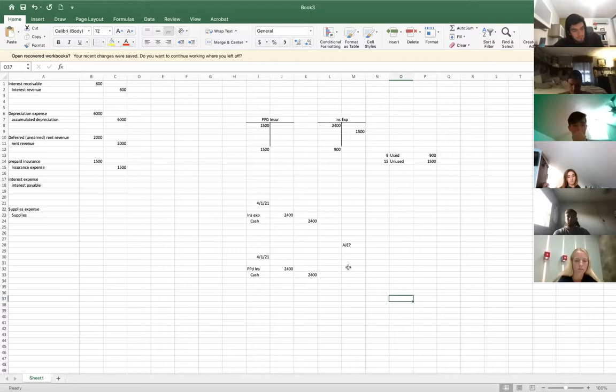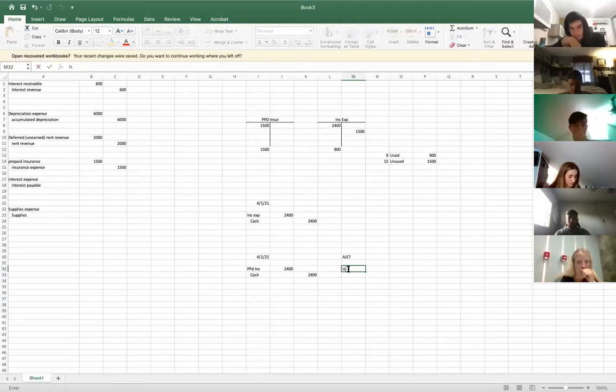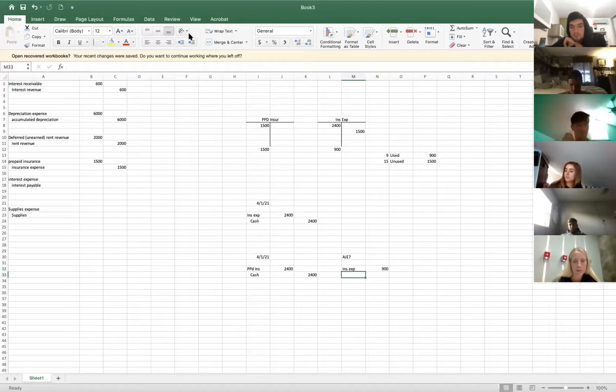What adjusting entry would I do? Debit insurance expense, credit prepaid insurance for 900. Beautiful. So if they had done it that way, I would debit insurance expense for 900 and credit prepaid insurance for 900.